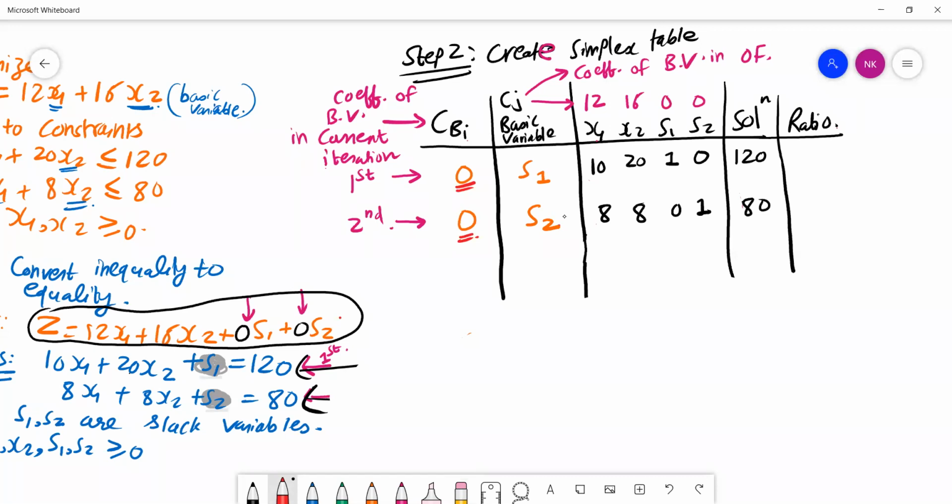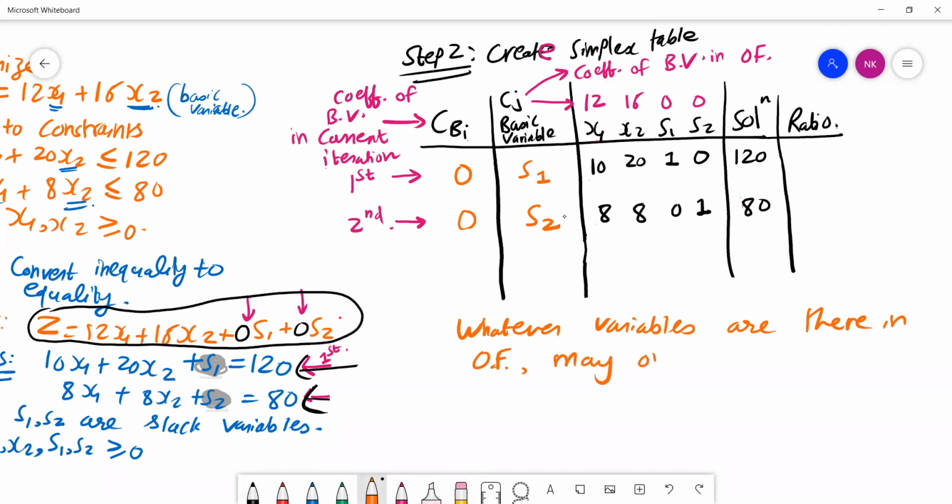Okay, fine. What the theory of mathematical modeling says is that whatever variables are there in the objective function may or may not be in the constraints.